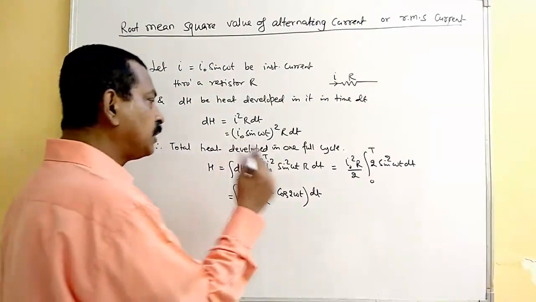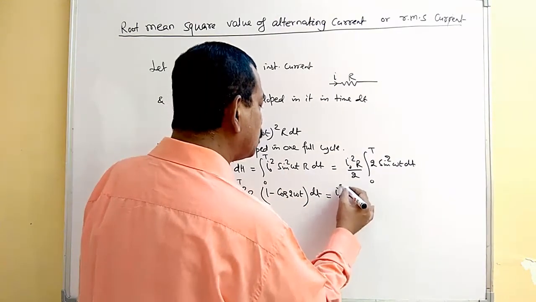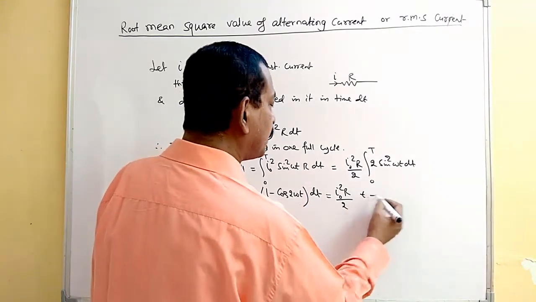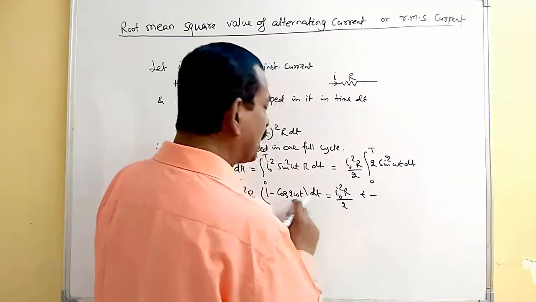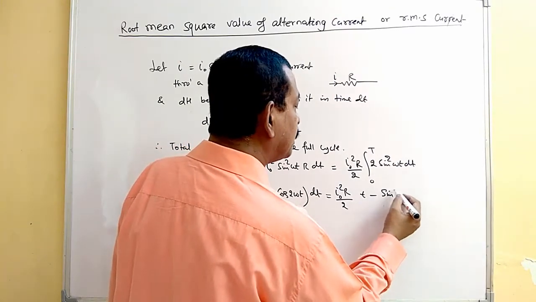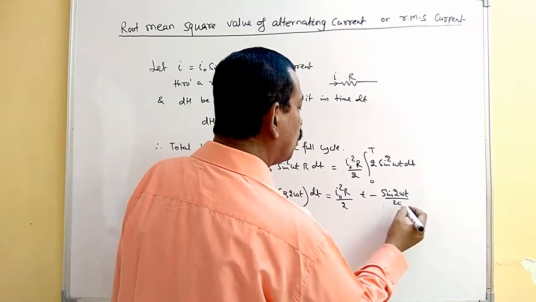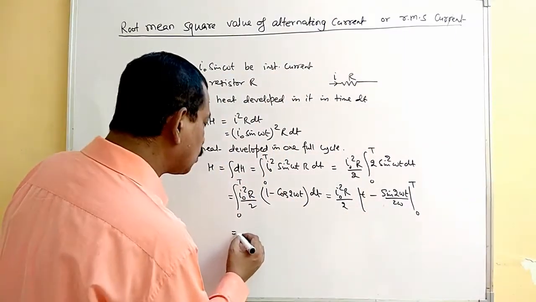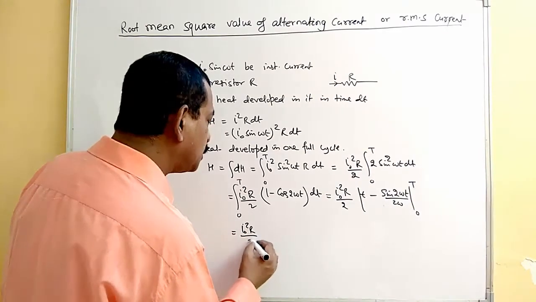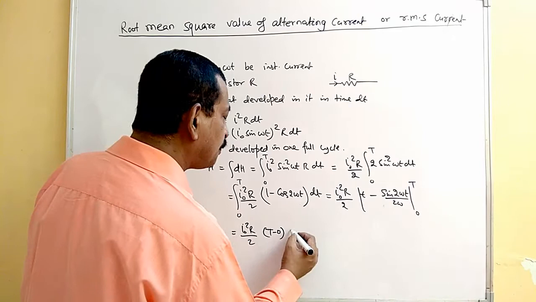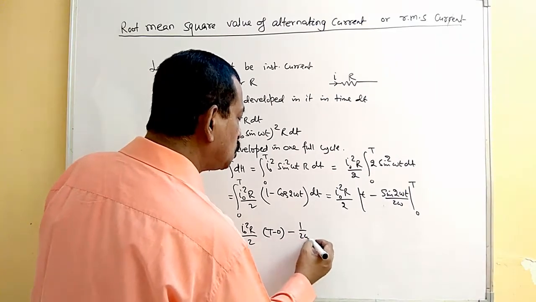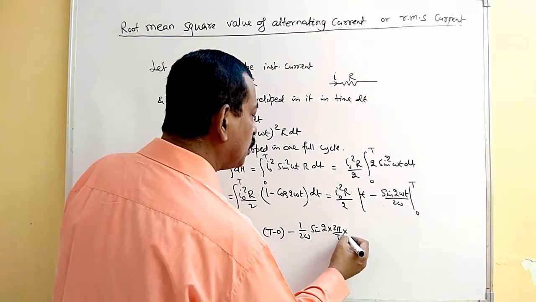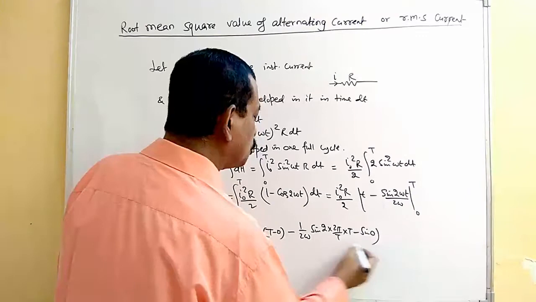Now if you integrate, it is I naught square R by 2. Integral dt will be T. Then the integral of cos 2 omega t will be sine 2 omega t by 2 omega, and the limit is from 0 to capital T. So this equals I naught square R by 2, T minus 0, minus 1 by 2 omega, sine of 2 into 2 pi by T into T, minus sine 0.